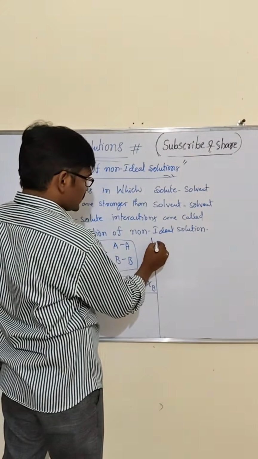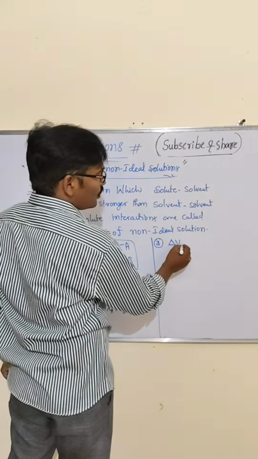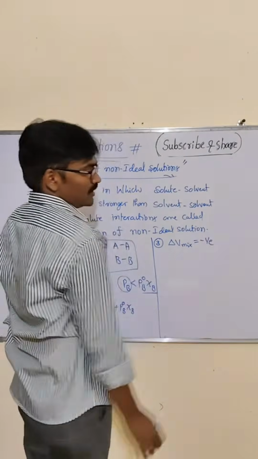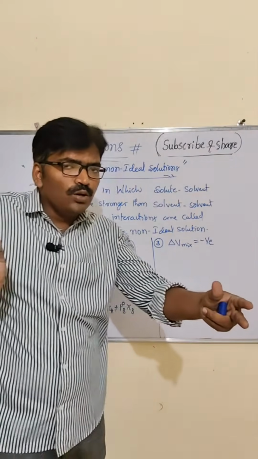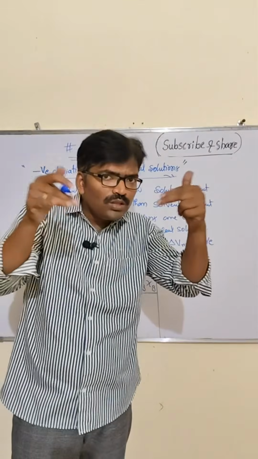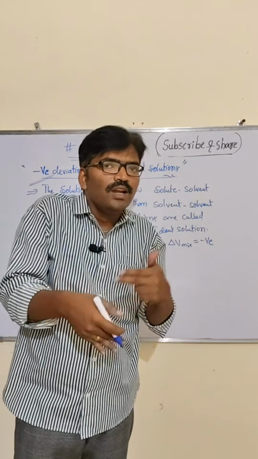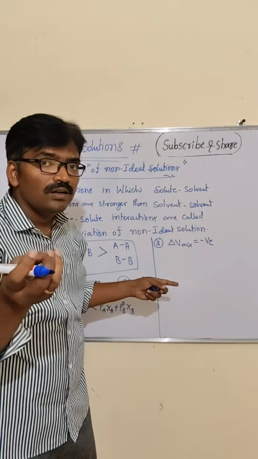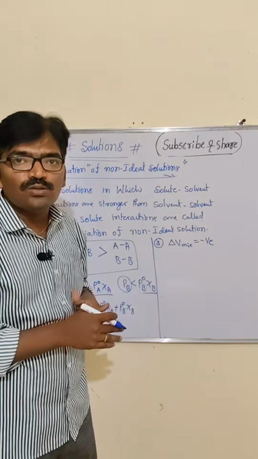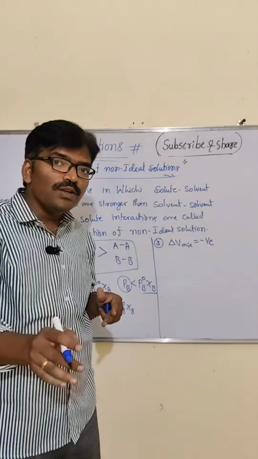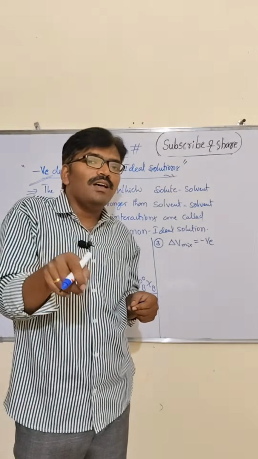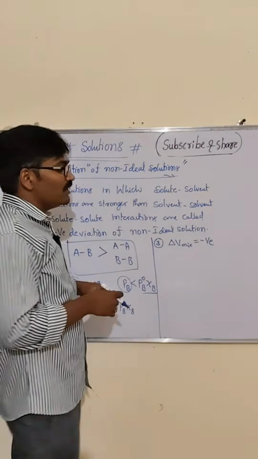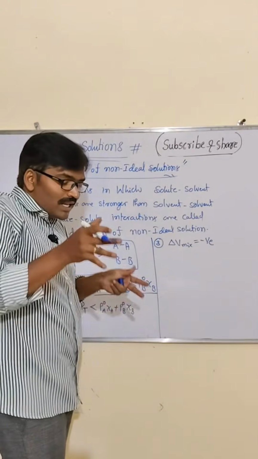Delta V upon mixing, you can get negative. So 10 ml of solute and 10 ml of solvent, when both are added, we generally get 20 ml, that we call ideal solution. But if you get 19.9 ml or 19.8 ml, then we call this negative deviation, less volume.